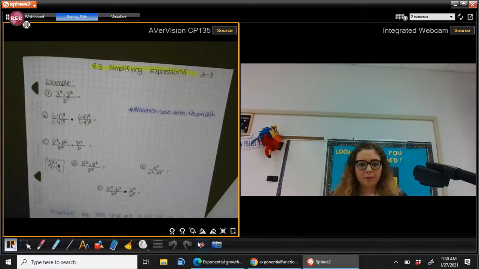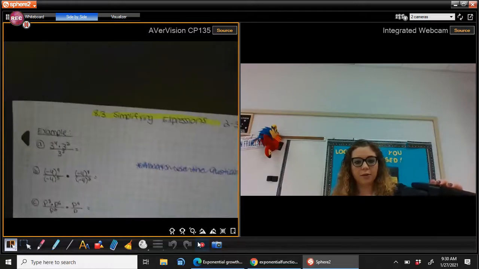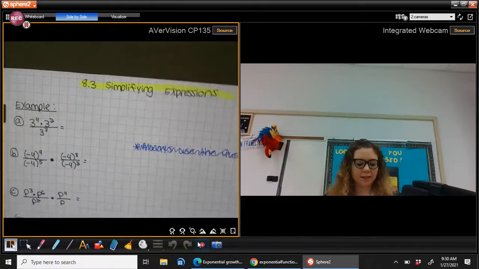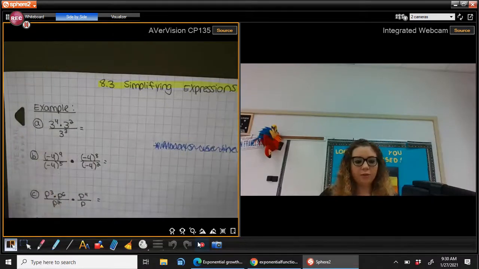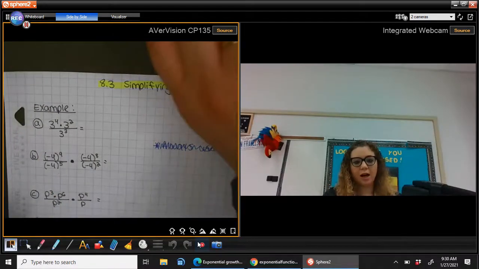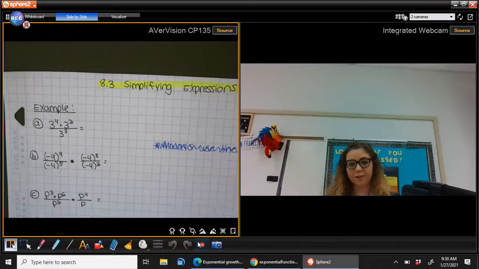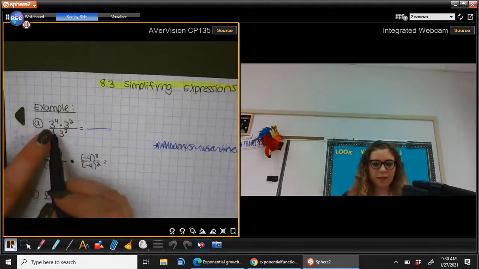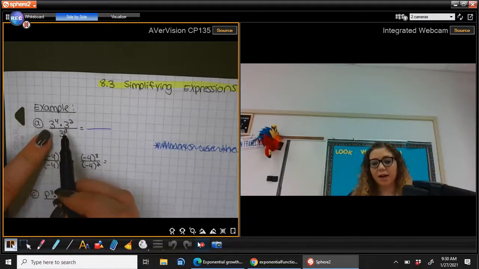So, for example, I have a method that I use. When I have a fraction, and it looks like this, I always want to simplify the top first and then the bottom. So by that I mean, looking at this, can I simplify that?